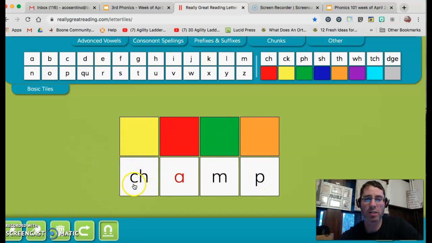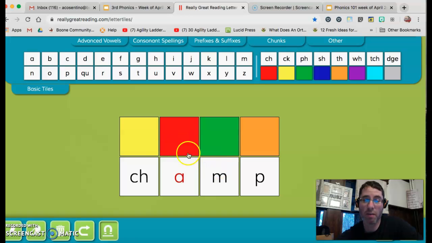This word contains a digraph, and I can see that it's a digraph because here's our vowel tile, and before it I see one color tile, and we know CH is a digraph because I can see the two letters with one sound. Ch is a digraph. So there it is.